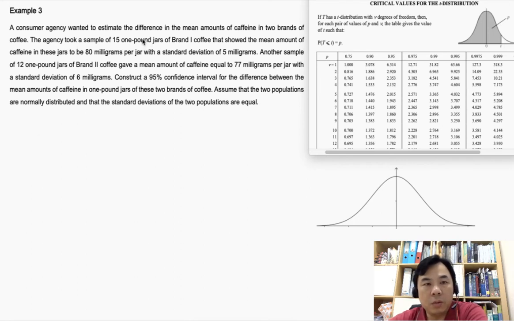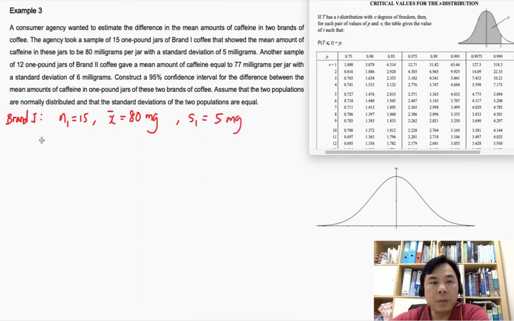So we're going to write down all the information given for us. For brand 1 coffee, what do we have here? Sample size n1 is 15, and the average amount of caffeine is 80 milligrams, and its standard deviation for this sample is given by 5 milligrams there.